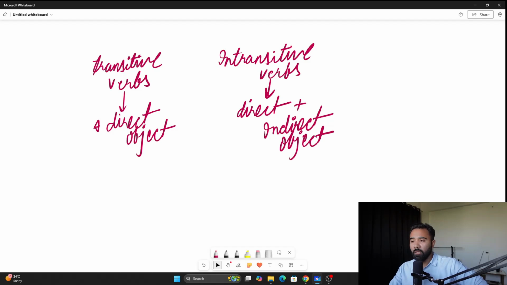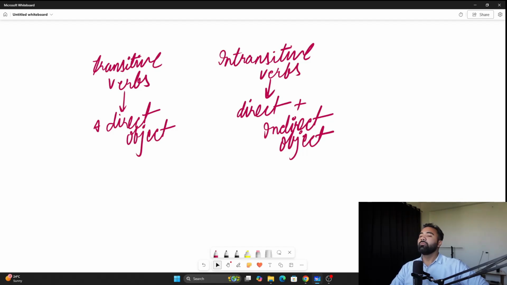For those of you who do not understand the concept of object in any given sentence in the English language, we have three things: subject, verb, and object. Now verb is obviously the action that's being performed. Subject is the one that is performing the action, and object is the one on which or on what or on whom action is being performed.